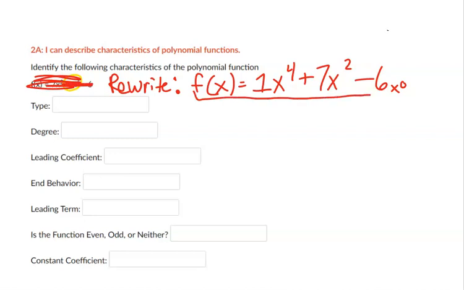We're only looking at our standard form equation. So our type is quartic. The degree is 4. Leading coefficient is 1. The end behavior, we're going to refer to our chart from above, is a positive even.